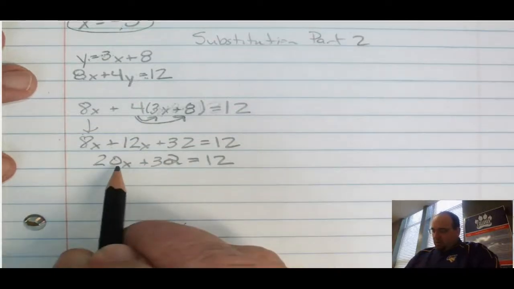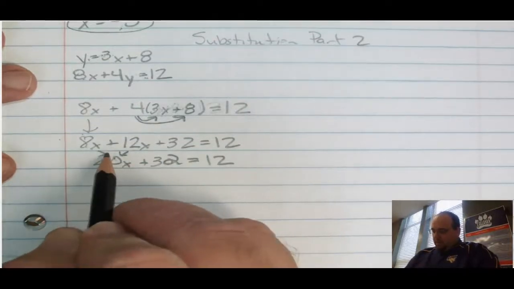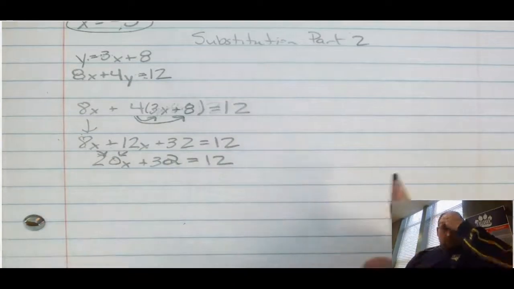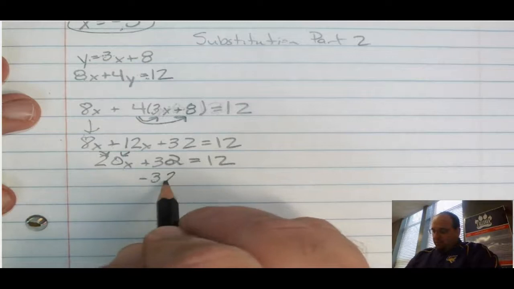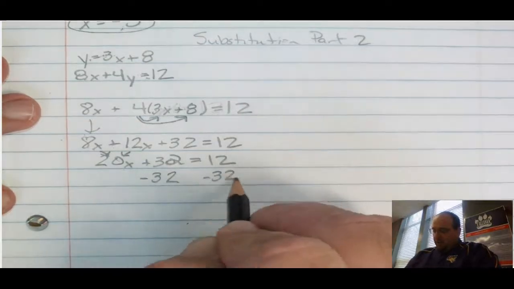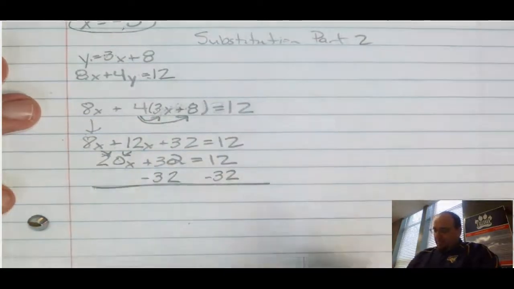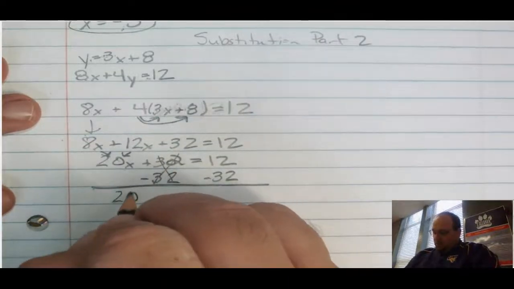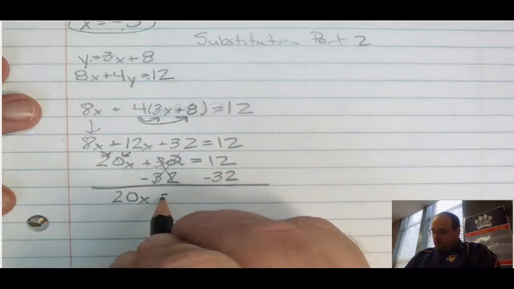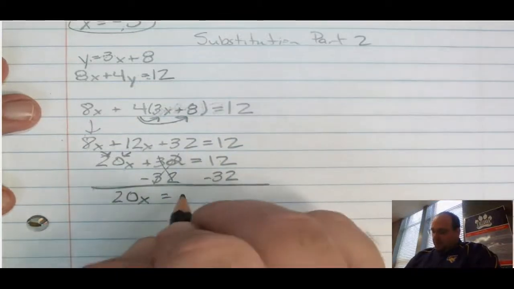So now I have 20x plus 32 equals 12. Now I'm going to get x by itself by subtracting 32 from both sides. Those cancel out. This leaves you with just 20x over here. Over here, when I take 12 minus 32, I get a negative 20.